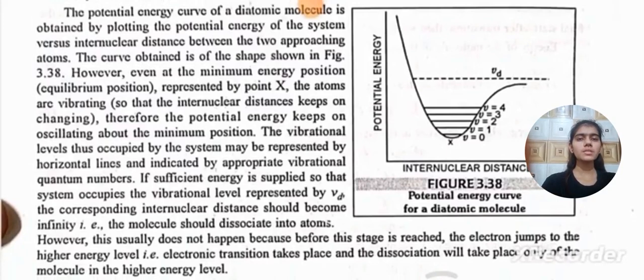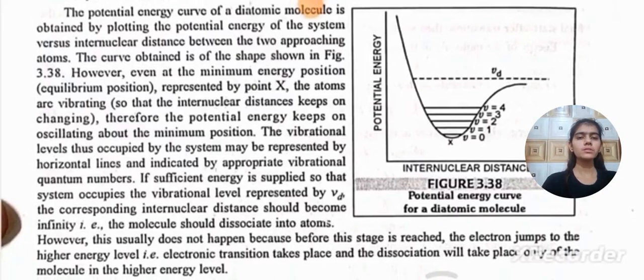The vibration levels thus occupied by the system may be represented by horizontal lines and indicated by appropriate vibrational quantum numbers. If sufficient energy is supplied so that the system occupies the vibration level represented by v_d, the corresponding internuclear distance should become infinity. That is, the molecule should dissociate into atoms.